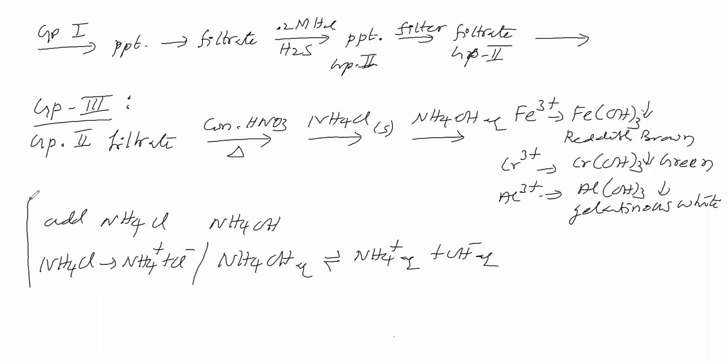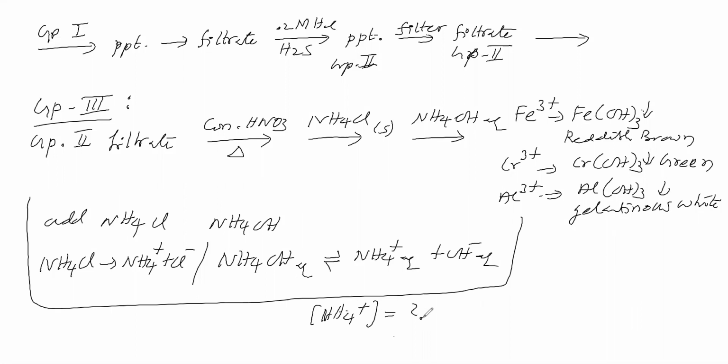Now, the solution contains ammonium chloride and ammonium hydroxide. In this solution, ammonium ion will be present. How many concentrations of ammonium ion will there be? Will you say the concentration of ammonium ion is one value or two values?